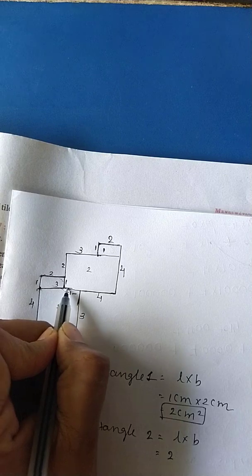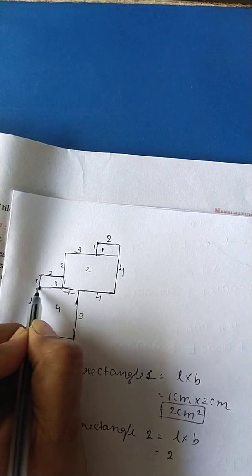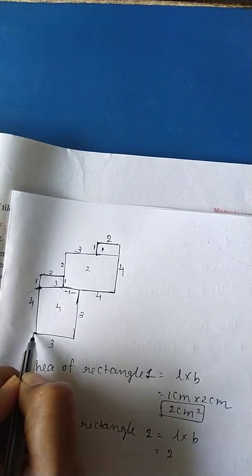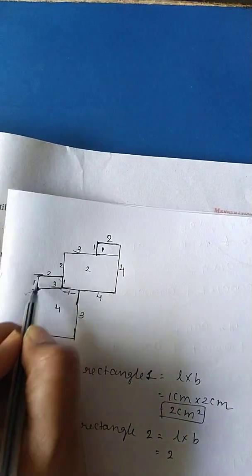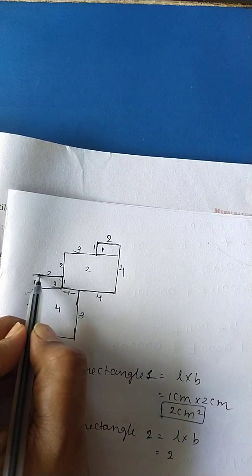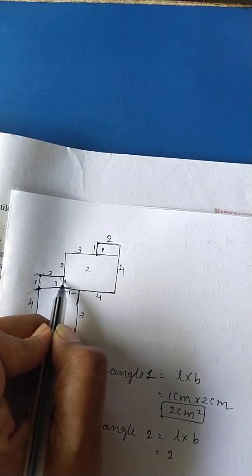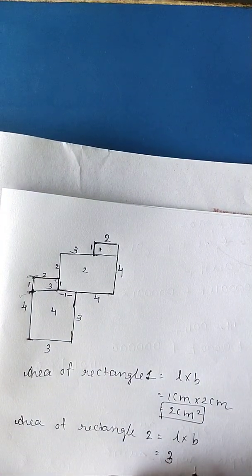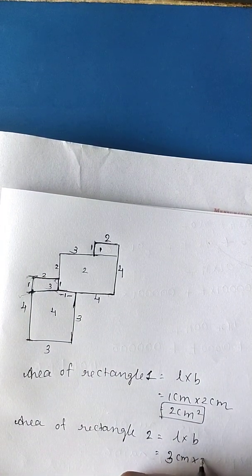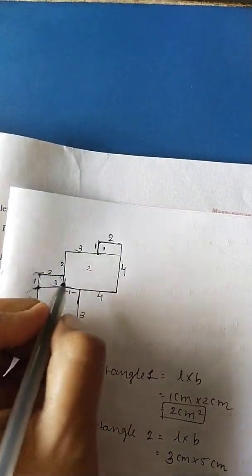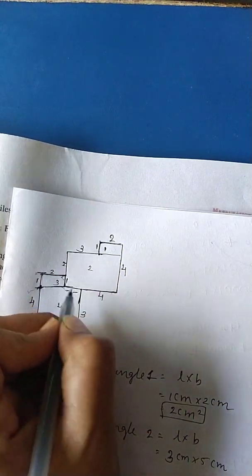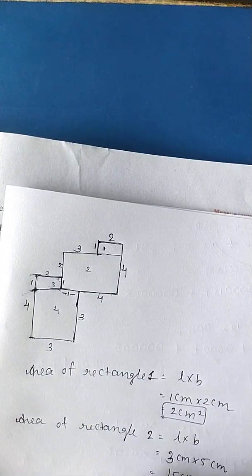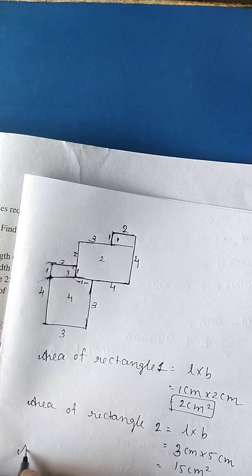Why? Because here it is given 3, from here to here it is 3, but the total is 4. So this much is 1. Same way here it is also 1. So this one is 3 centimeters multiplied by 5 centimeters. 2 plus 1 is 3, 4 plus 1 is 5. 3 fives are 15 centimeter square.